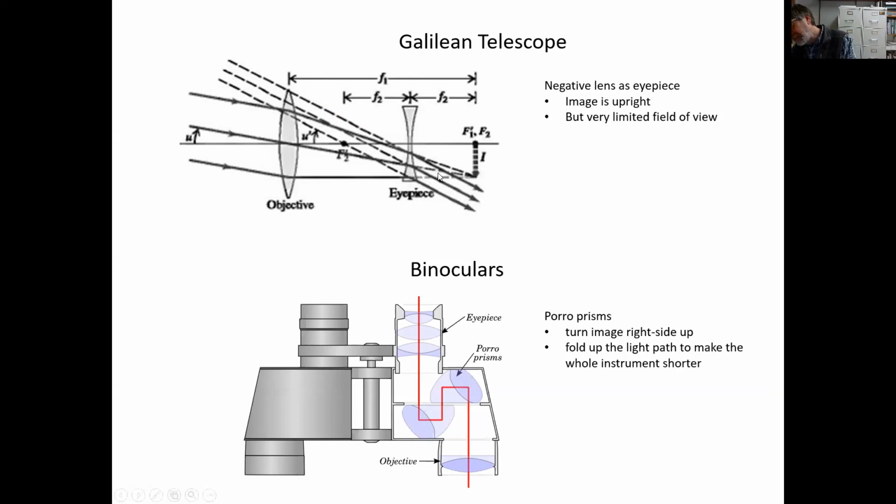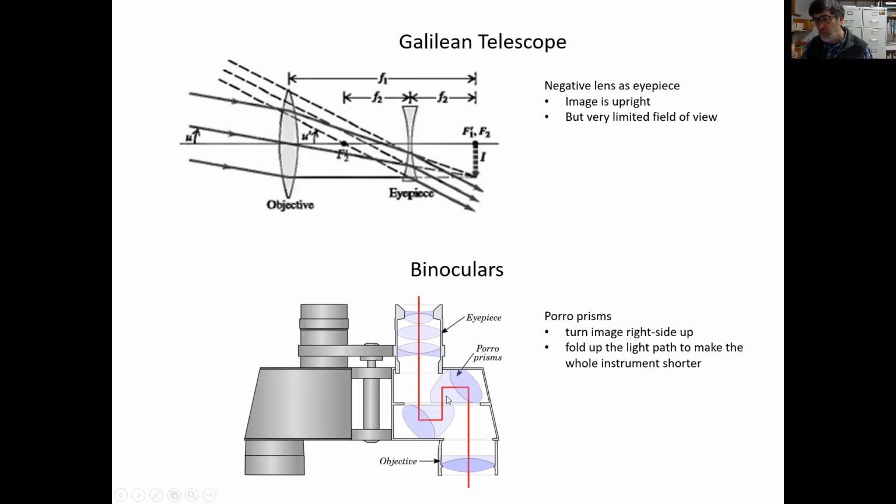For low magnification, these still make some sense, and opera glasses are sometimes made this way. Or little kids' binoculars that are very, very cheap can sometimes be made that way. Proper binoculars, though, that have higher magnification and are well made, have a different solution to the problem of things being upside down. They use a set of prisms in here to reflect the image and turn it right side up.